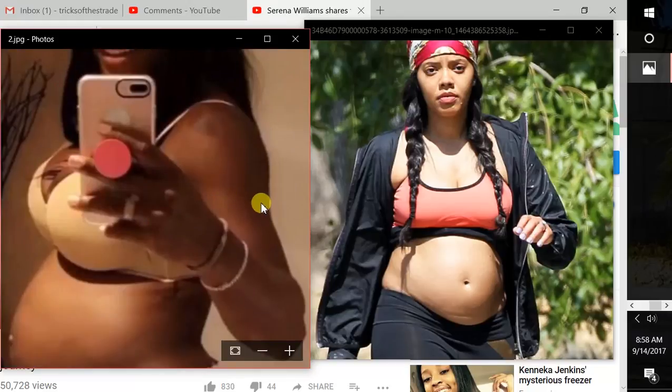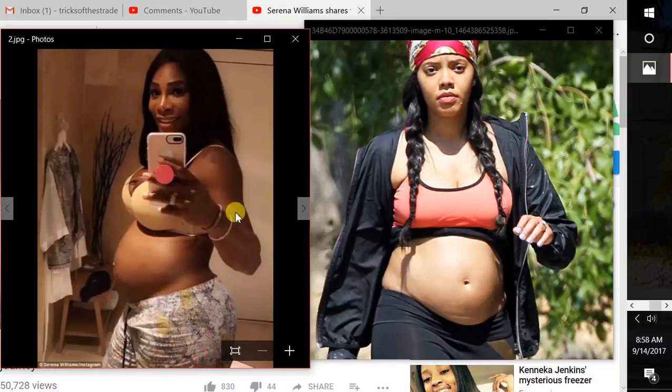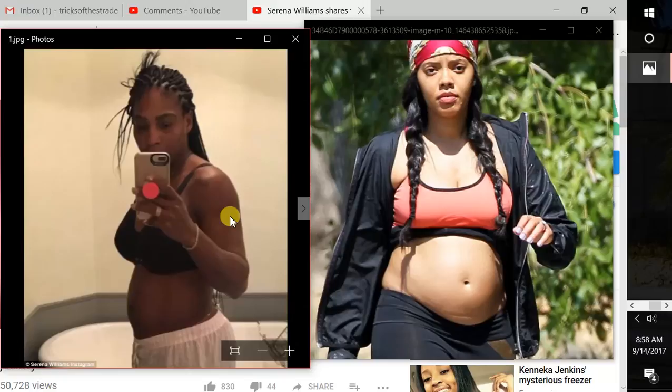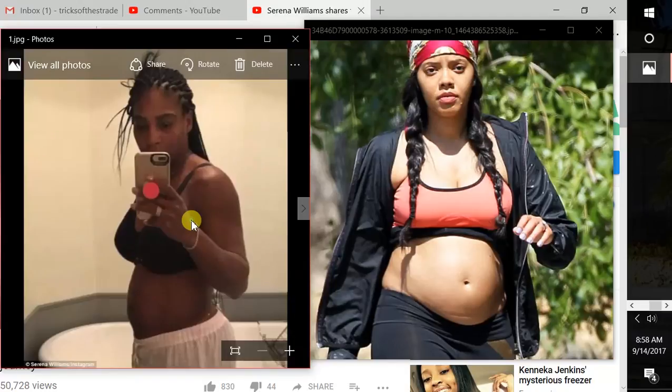The lines back here, I'm going to try to blow this up as much as I can. You can see the lines on this body are way too straight. They look different from the background. It's the same background that they tried to use on the last one as well. The lines are way too straight. They don't fit in.